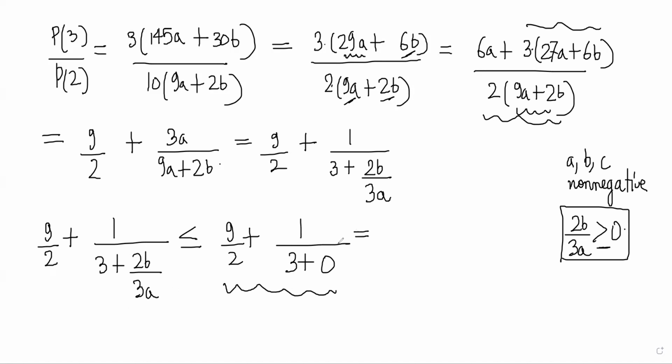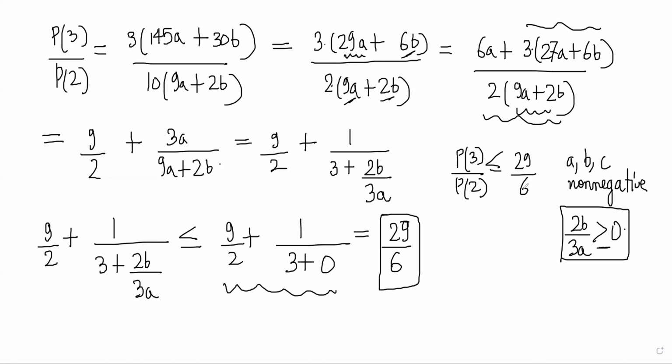So this is equal to 9 by 2 plus 1 by 3, which is basically 29 by 6. So you are getting 29 by 6 is the maximum value. We are getting basically P of 3 by P of 2 is less than or equal to 29 by 6. And 29 by 6 happens when 2b by 3a is equal to 0, or when b is 0.